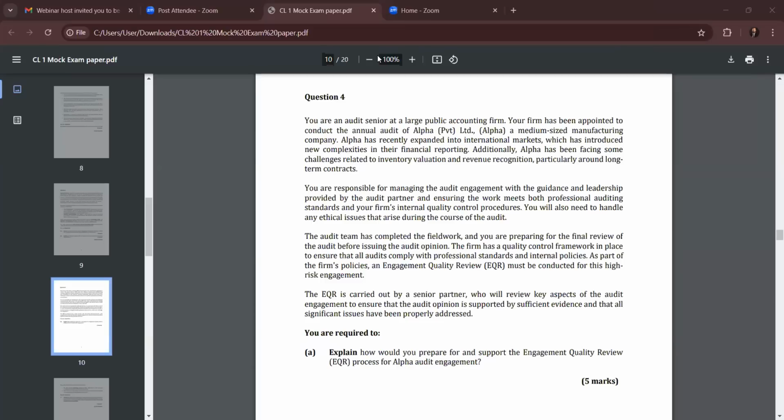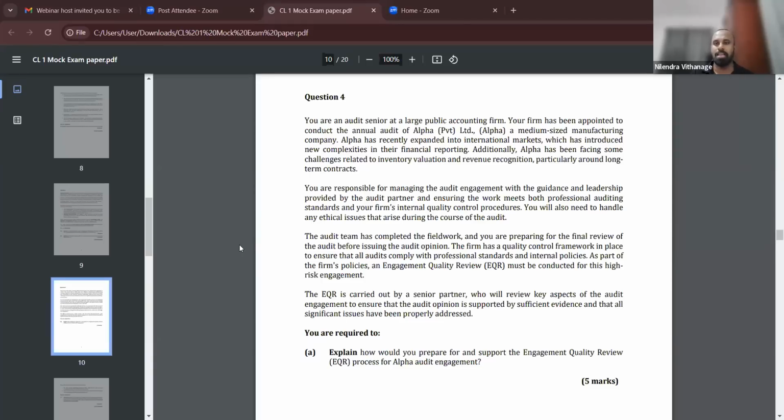Alpha is a medium-sized manufacturing company. Alpha has recently expanded into international markets, which has introduced new complexities in their financial reporting. Students, the client's risk profile has now changed. The client has gone into overseas markets, which has introduced new complexities in their financial reporting.